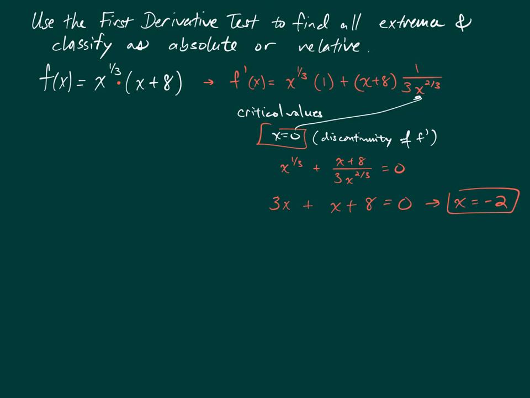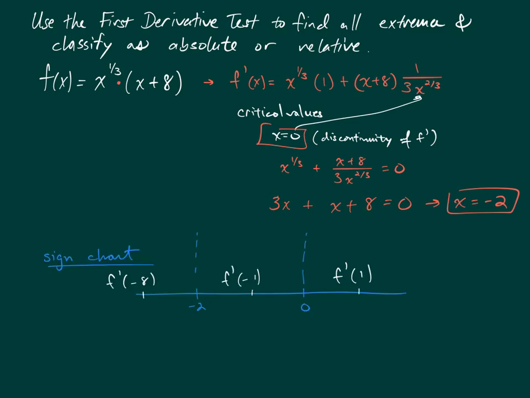So the sign chart here is the following. I have the two critical values, the -2 and the 0, listed here and here. And I picked these values, -8, -1, and +1, because I know over here in my derivative, where I'm evaluating these numbers, I have to pick numbers that I can easily take the cube root of.